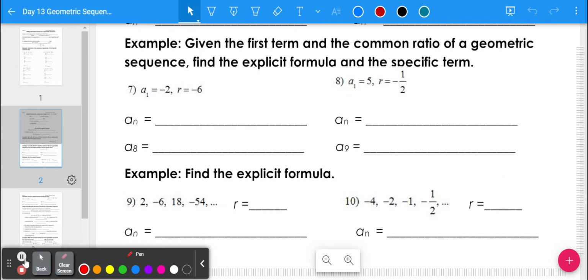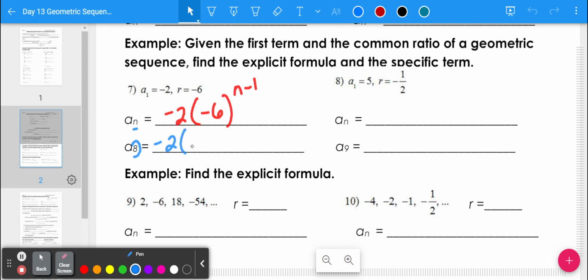So we're going to build on to this. Not only are we going to write the explicit formula, but now we're going to find the specific term it's asking us for. So A1, which is -2, times the common ratio of -6, and that's going to be to the power of n minus 1. To find the 8th term here, I simply see that 8 has replaced the n.